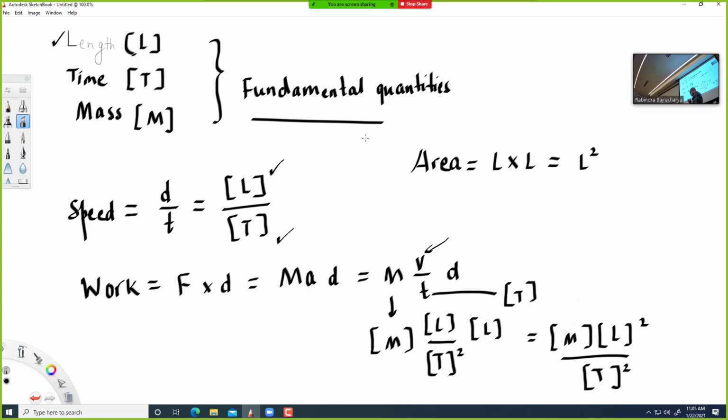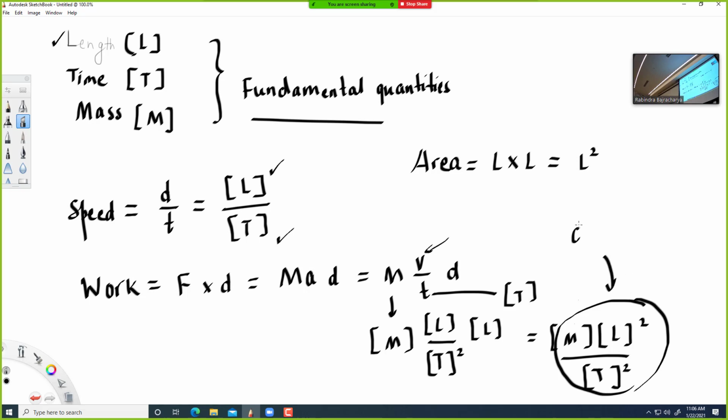So we have many different quantities in physics. Most of them are derived quantities. And the number of quantities involved in this expression is called dimension.